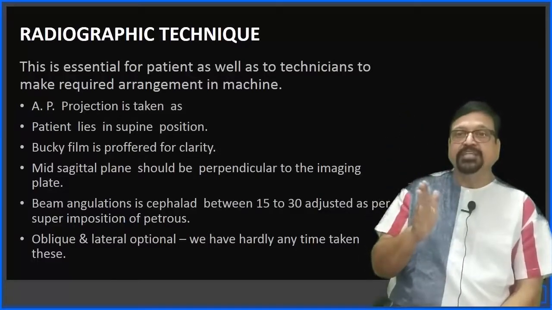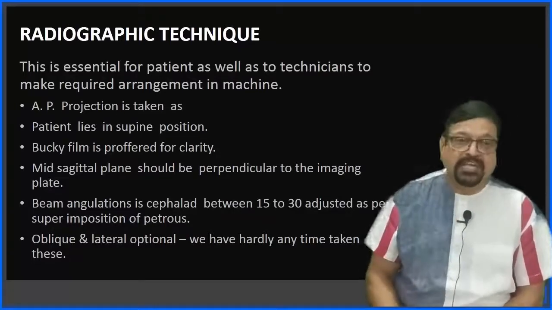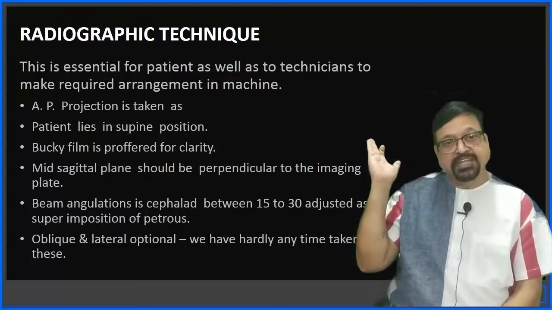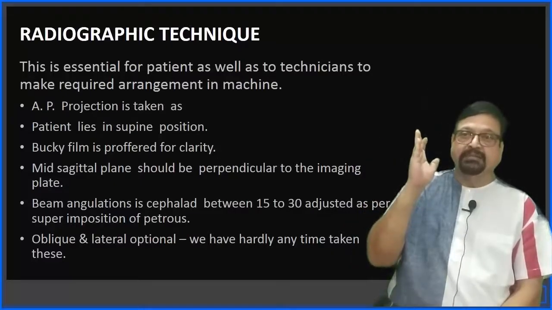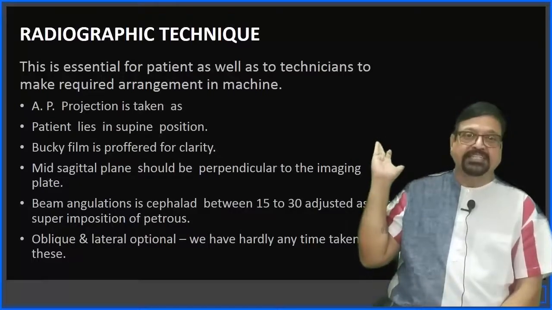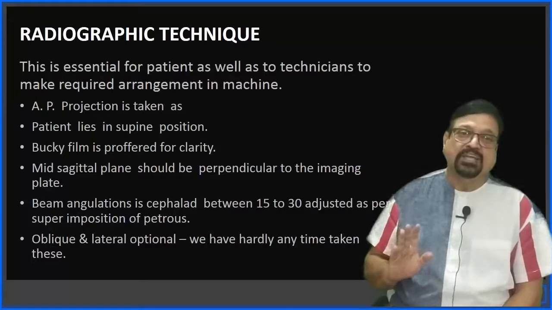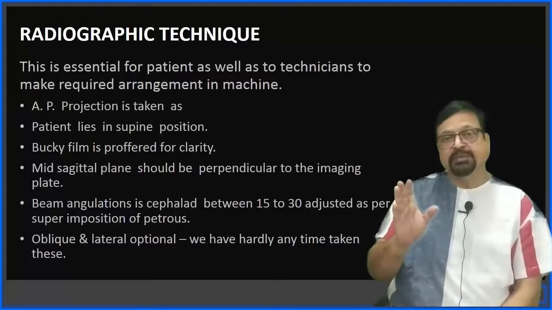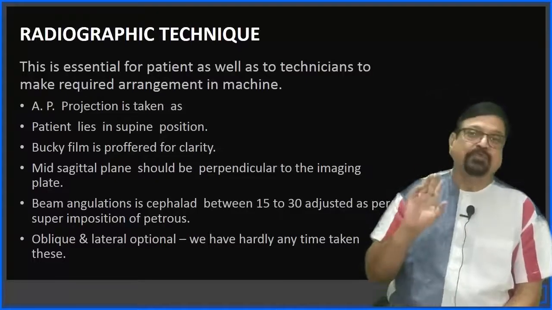The beam angulation is cephalad, between 15 to 30. Now who determines this 15 or 30? We do it first with 15 degrees. Keep patient in the supine. Make the mid sagittal plane perpendicular. Give 15 degrees angulation towards head. And if you find the petrous is disturbing you, if it is coming in the orbit or superimposing over the area of interest, then you will have to go for different angles.